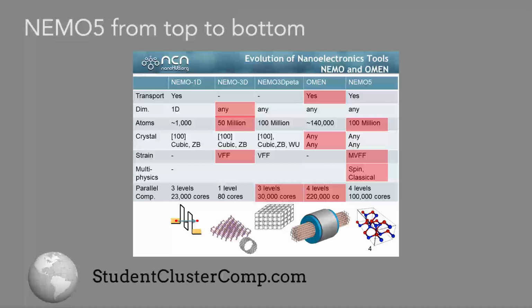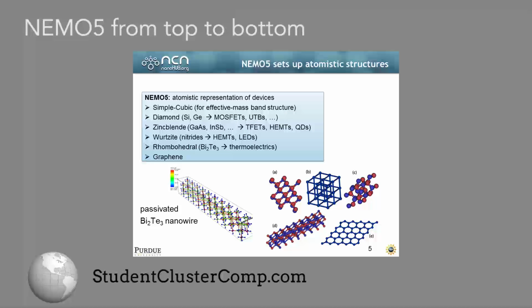So slide 5, atomistic representation of devices. Sure. I think we talked about this a little bit earlier, but like I said, one of the key aspects of NEMO5 is that you can set up any kind of structure that you want. So it's very flexible in that regard. Generally people are looking at silicon, gallium arsenide.